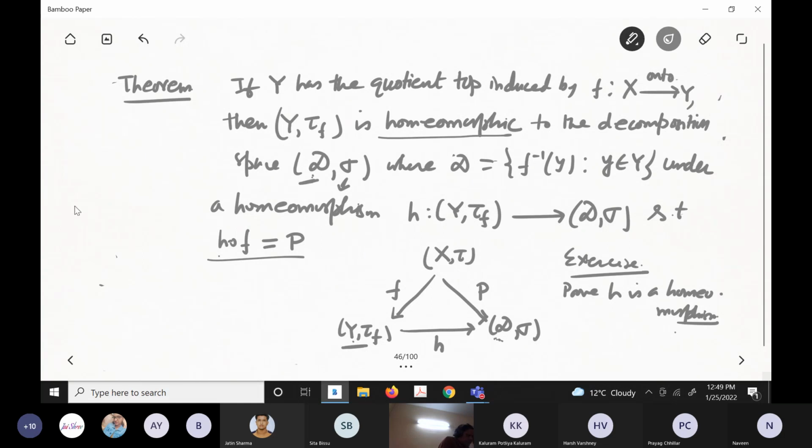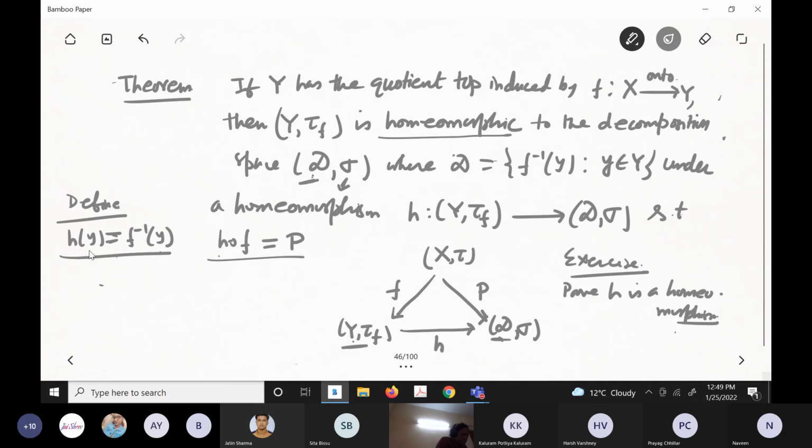So define H(y) equal to f inverse y. Now don't forget this is a decomposition, pairwise disjoint sets. So obviously, if you have any partition, it will be like that.